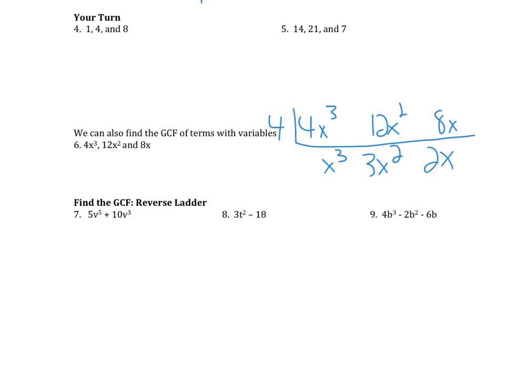For number-wise, there's nothing left, but then we go here, and they all have an x in common, so I'm going to take away an x. That gives me an x squared, just 1x there, and that takes away that x, just giving us a 2. There's no x's in common, so then our GCF is 4x.